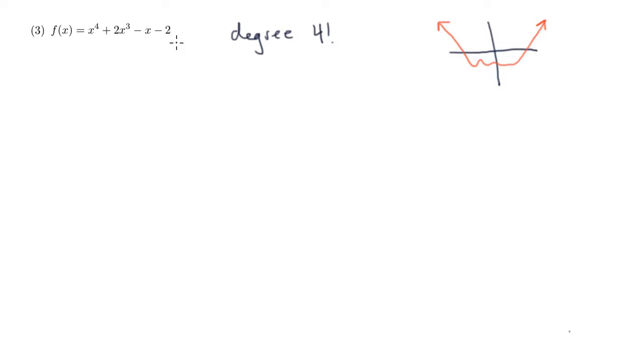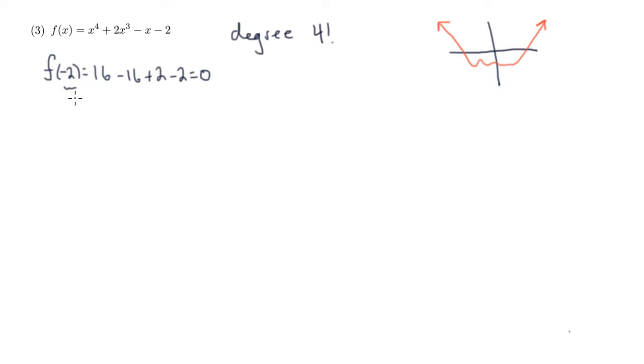And just looking at this, I'm going to check negative 2. So notice that if I just plug in negative 2, what am I going to get? I'm going to get 16 minus 16 plus 2 minus 2, which is 0. Okay? So I know that negative 2 is a 0.